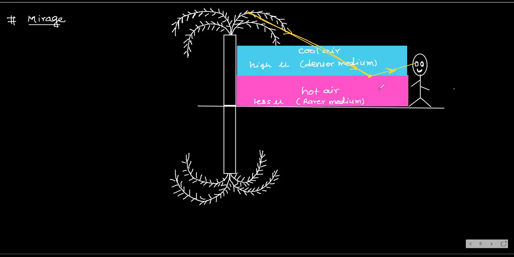Now, as this light is going to enter the same medium, what this person will feel is that this light is coming from somewhere here, from somewhere like this, instead of coming from up. And that's why this tree will appear inverted, and this is the phenomenon of mirage we can see.